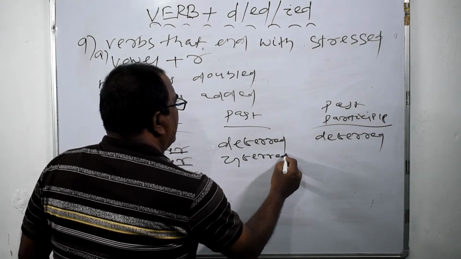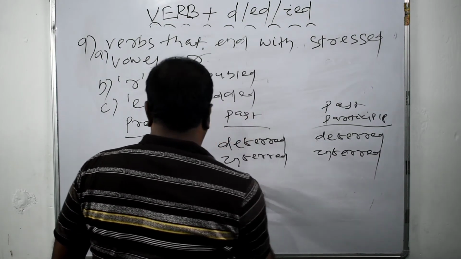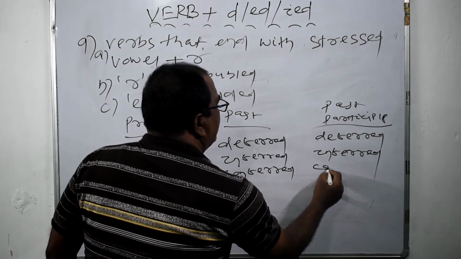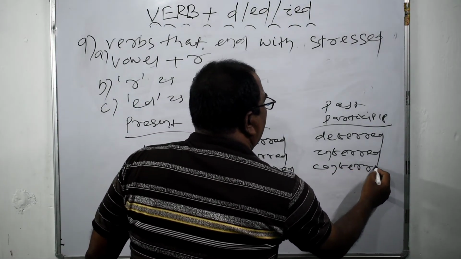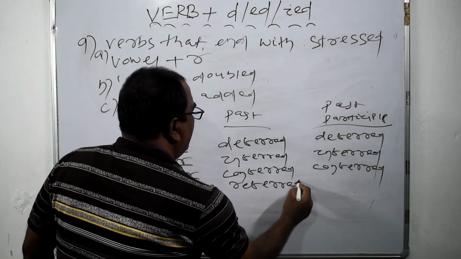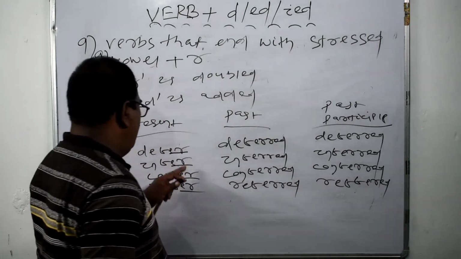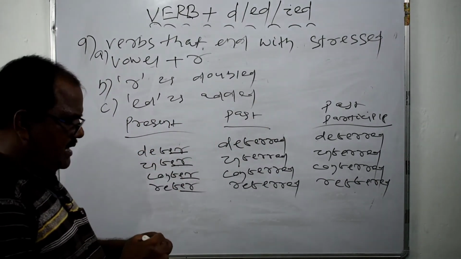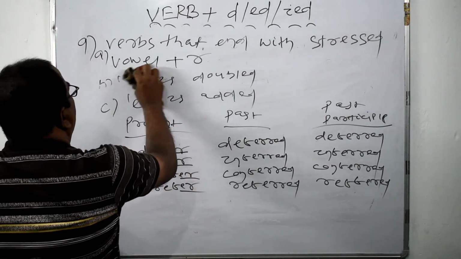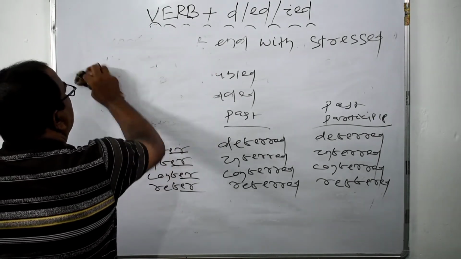Infer, inferred. Confer, conferred. Refer, referred. R is doubled, then ed is added to make the past and past participle form of the verbs.